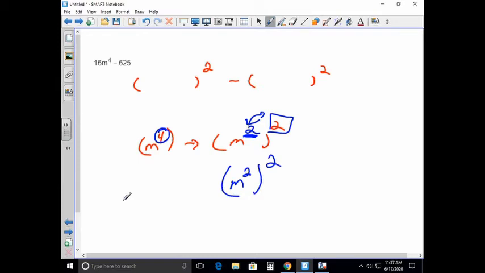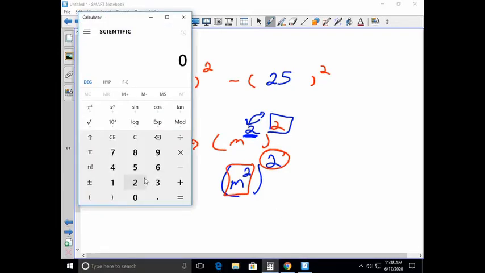That something just happens to be that. So it's something raised to the second power. 16 is 4 to the second power, and 625 is 25 to the second power. You might be like, well, I don't know that. You could take your calculator and take the square root of 625.